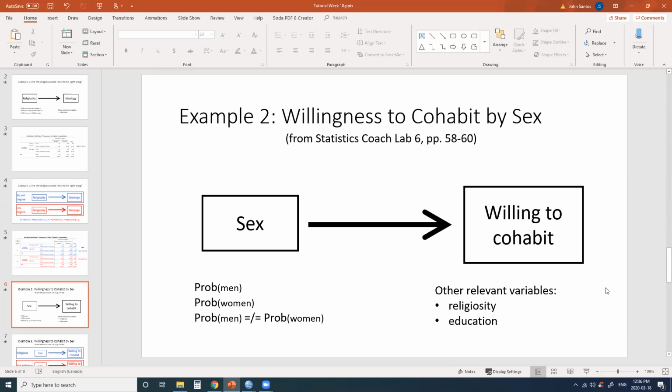And women pay a higher social price in that than men, and that's why men might be more willing to cohabit. And so we can think about this causal relationship this way, right?